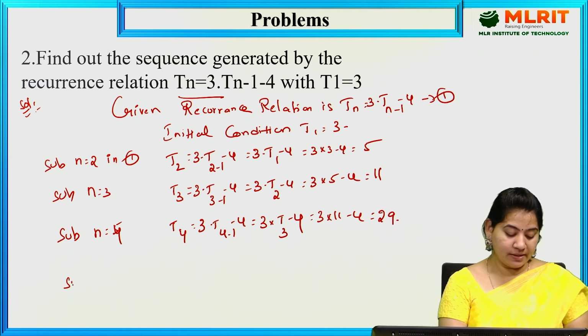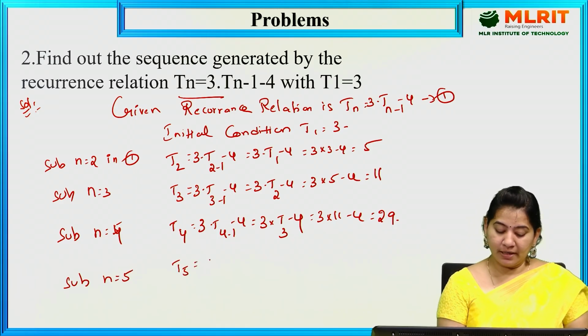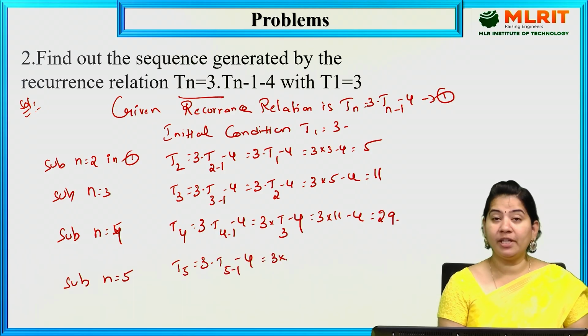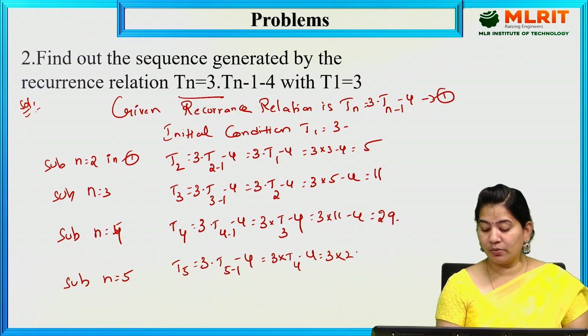Now in the same way, at minimum you have to substitute up to 5. N is equal to 5 here, so T5 is 3 into T5 minus 1 minus 4. 3 into T5 minus 1 is T4, minus 4. What is T4 here? 29.